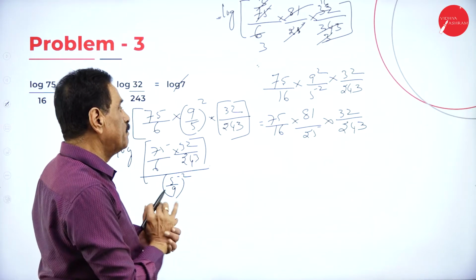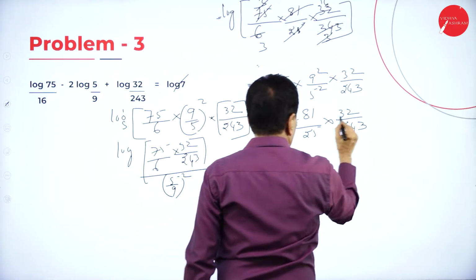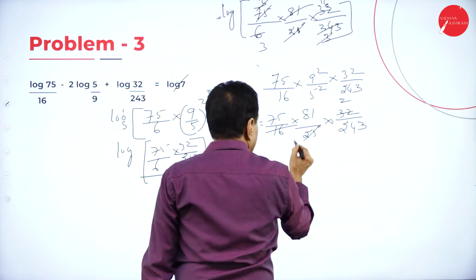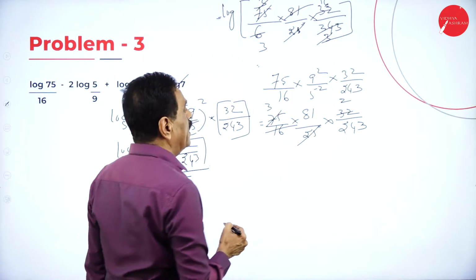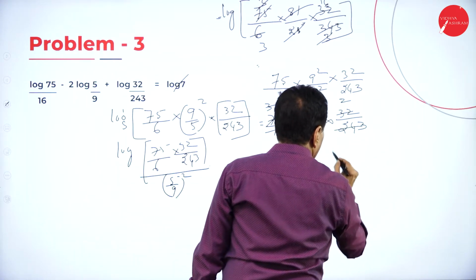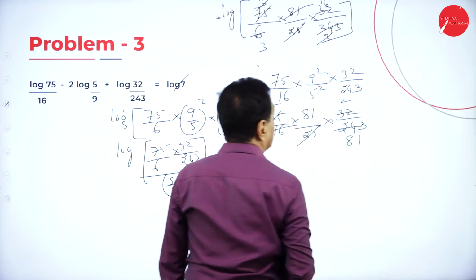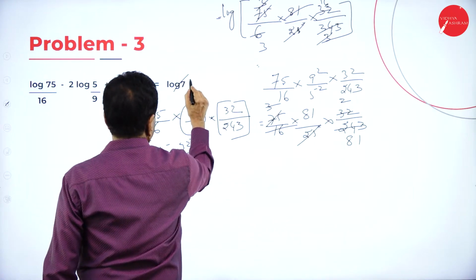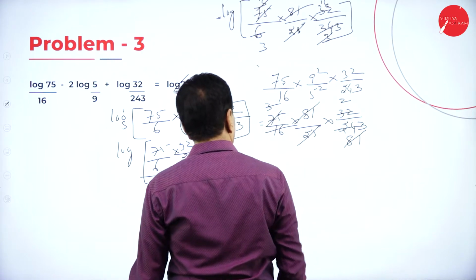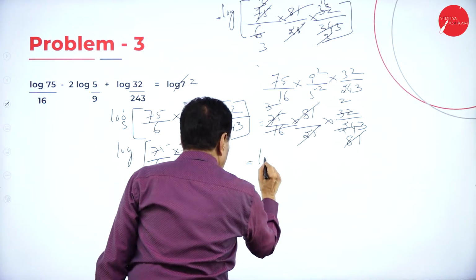Simplify this. 16 twos are 32. 25 threes are 75. 3 eights are 24. 3 ones are 81. 81 cancelled out. The answer is log 2.